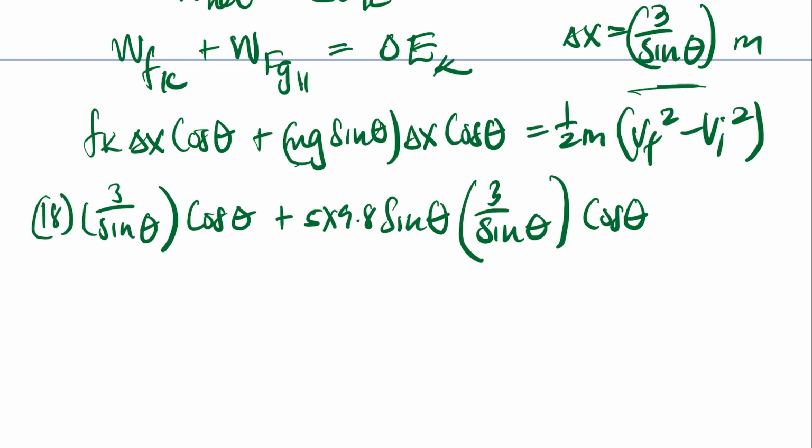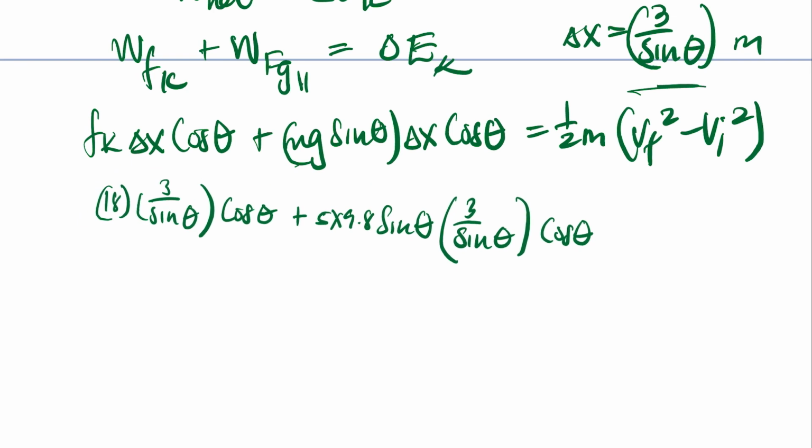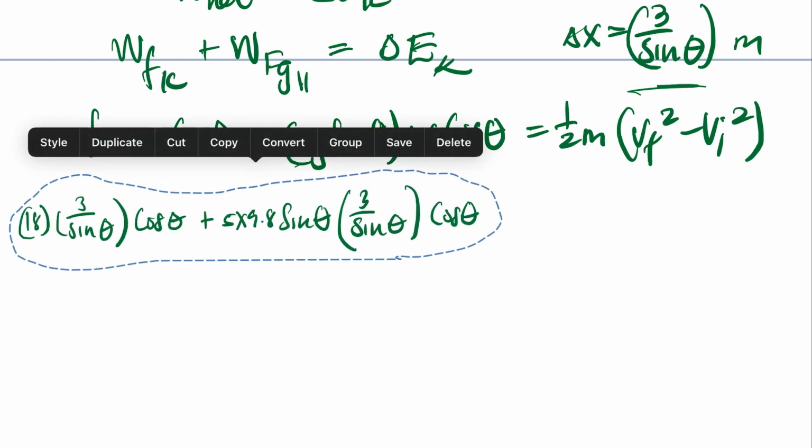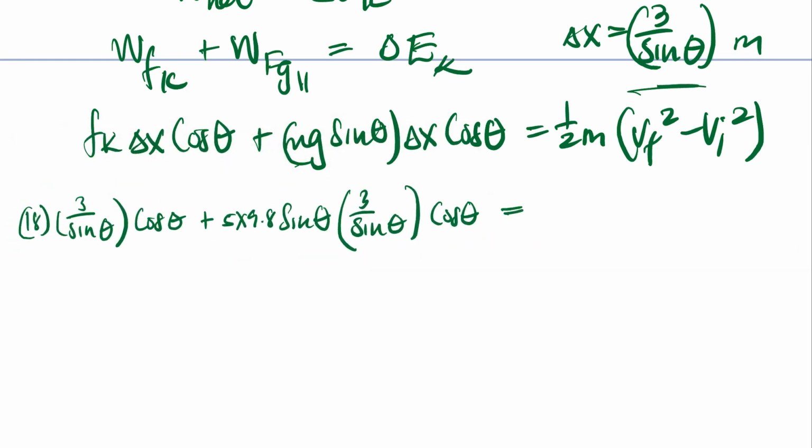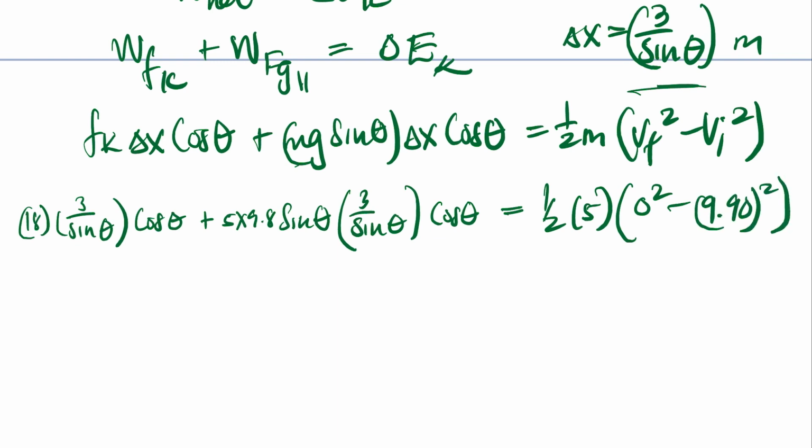Let's minimize this, right, like that, and then it's going to be half times 5 times, Vf final is 0, and the initial is 9.9 square.